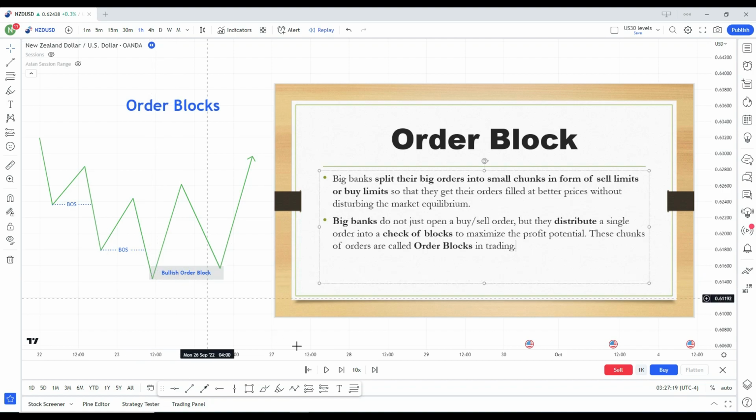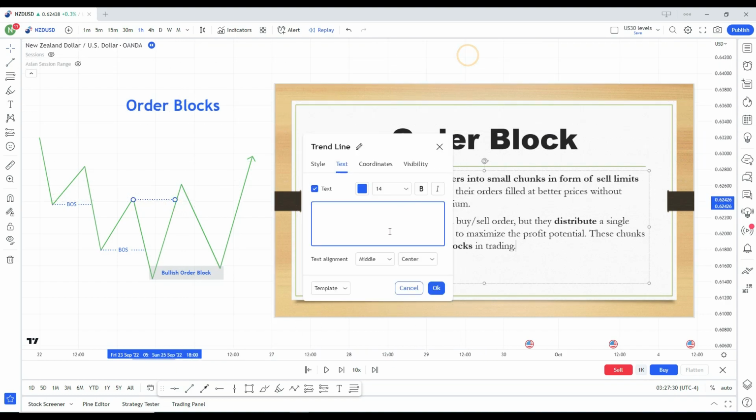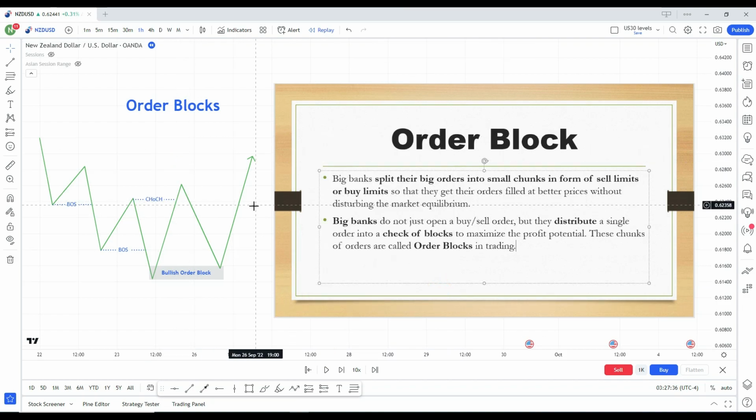And then there is a change of character. This is referred to as CHoCH, change of character. So change of character is a signal that the market is changing direction from making lower low, lower high, lower low to making higher high, higher low, higher high, higher low.